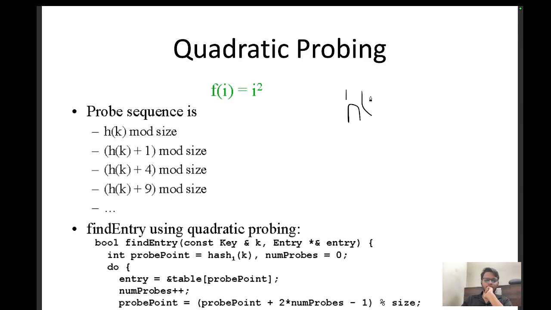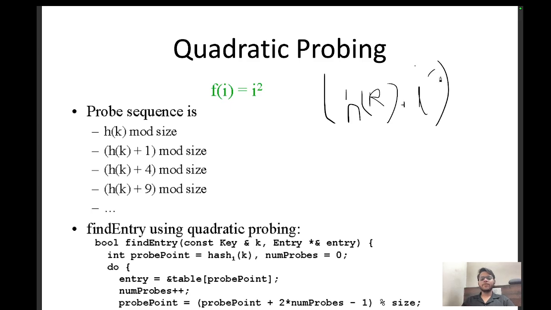Here i is the thing which we take linearly as 1, 2, 3, 4. If the i equal to 1 element is not free, then we will take 2 here.